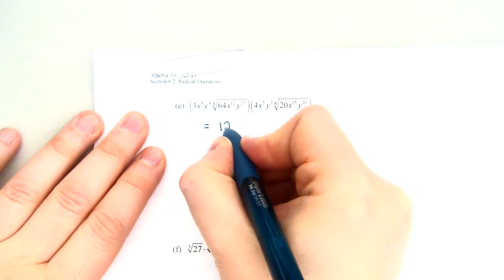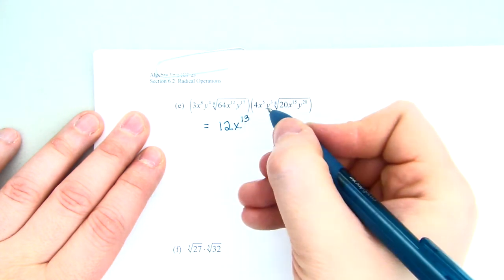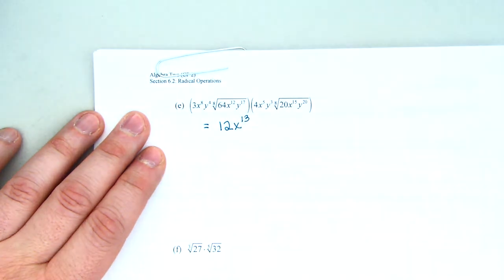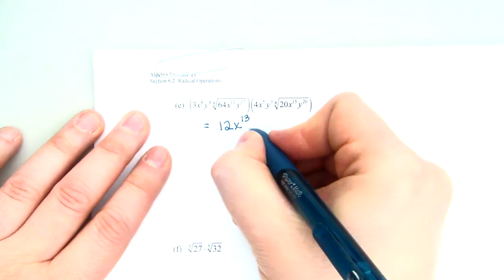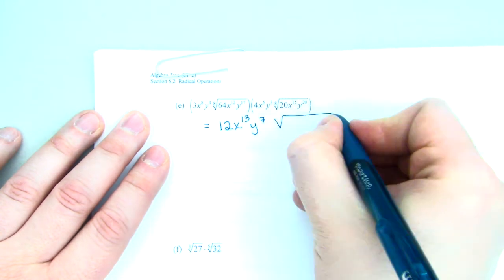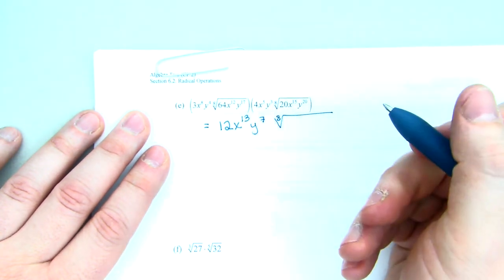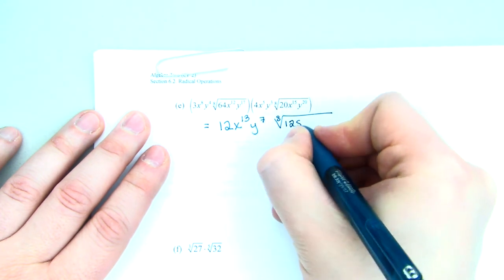Let's see, I think 12 x to the 13th. Sign out an e-hall pass. 12 x to the 13th, y to the 7th, I think, on the outside. Maya, do you have the inside? Give me 1 second, 1,280.